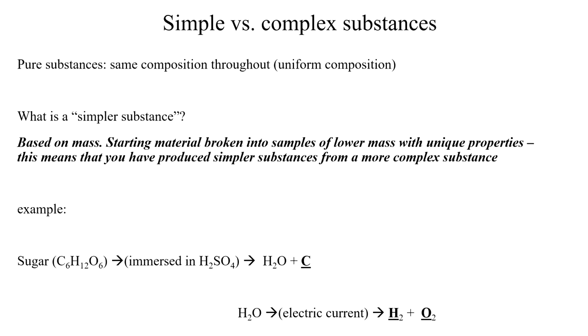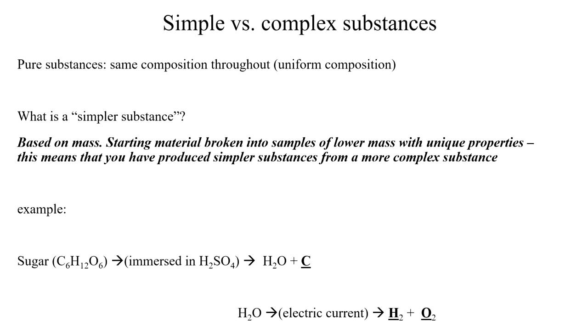Now we can do this in a chemical case, and we talked about this back in basic chemistry. Let's imagine that we have powdered sugar. Okay, if I take powdered sugar, and let's say I take 20 grams of powdered sugar, and I immerse it in sulfuric acid, we'll find out that we could take the sulfuric acid out after we're done, and we would end up having converted the sugar into water and carbon.